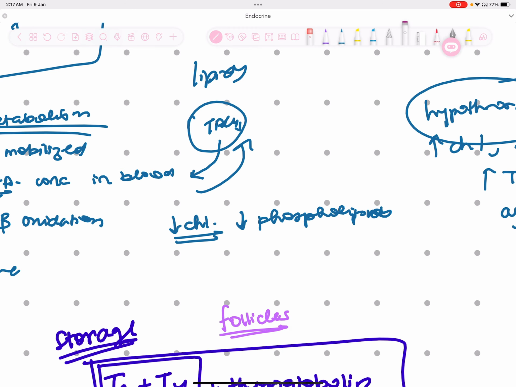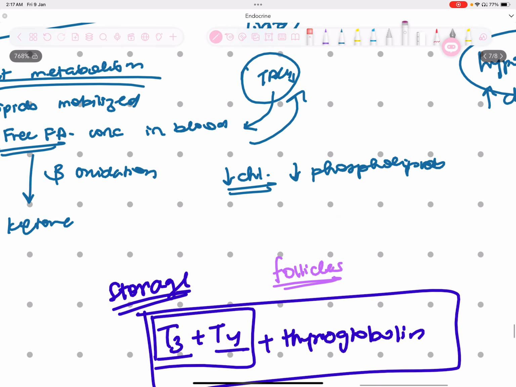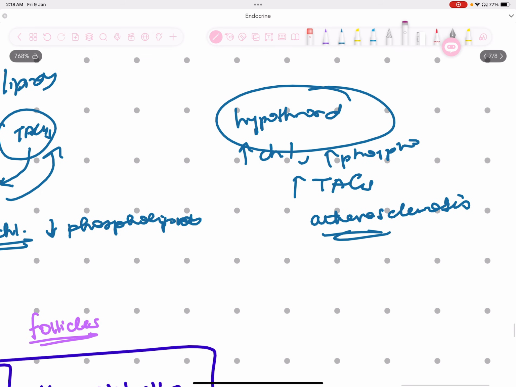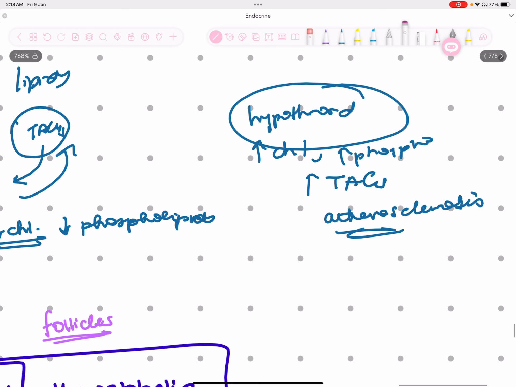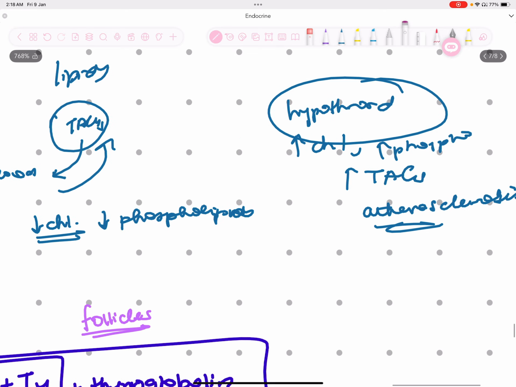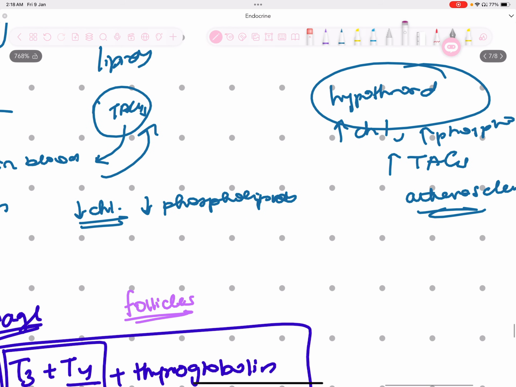Because there's increased motility of the GIT, which causes a lot of release of bile, and that's the reason cholesterol is low. A possible mechanism for the increased cholesterol secretion is that thyroid hormone induces an increased number of low-density lipoprotein receptors in the liver cells, leading to rapid removal of low-density lipoproteins from the plasma by the liver and subsequent secretion of cholesterol and these lipoproteins by the liver.